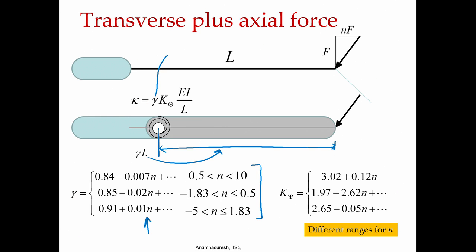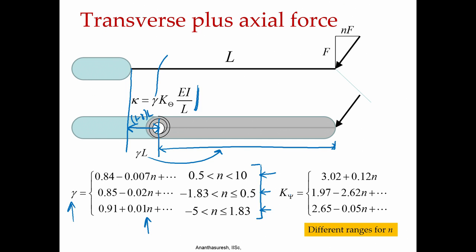From here to here will be basically 1 minus gamma times L. You move the fixed support to here, make it a pin joint support, put the torsion spring of spring constant given by that formula, and they said that depends on the n value. When n varies, for each range of n, the first range, second range and third range, they gave a formula for gamma.